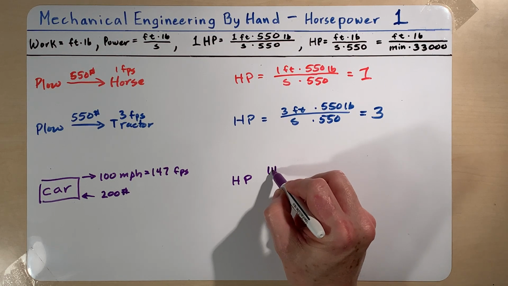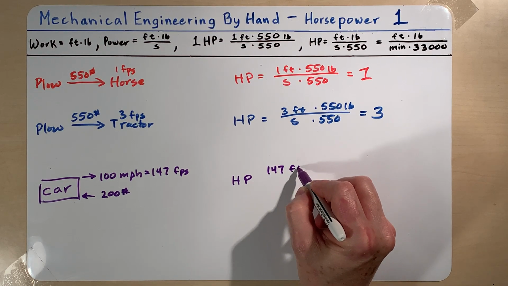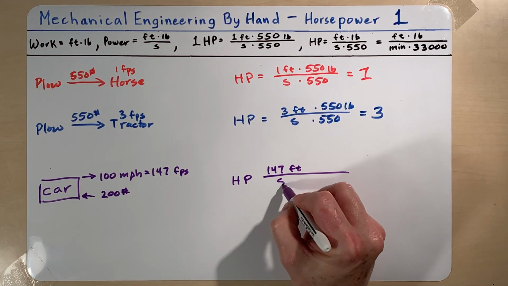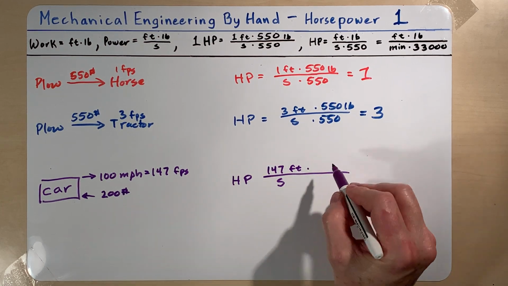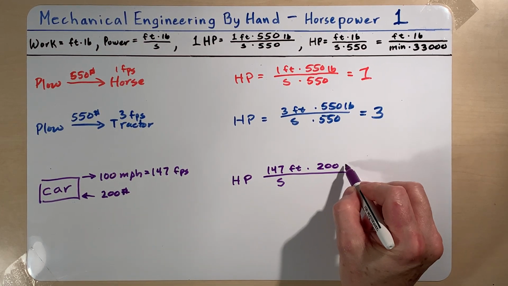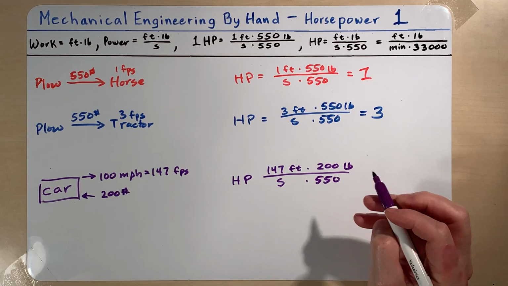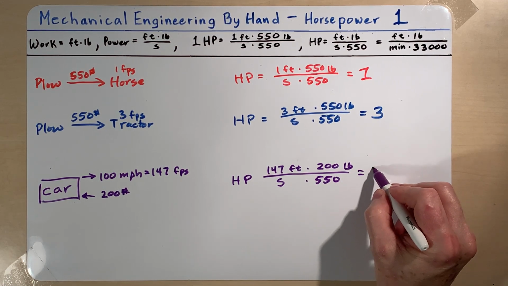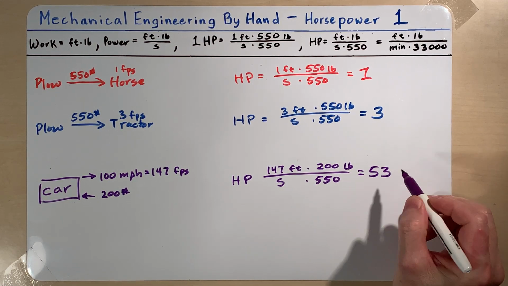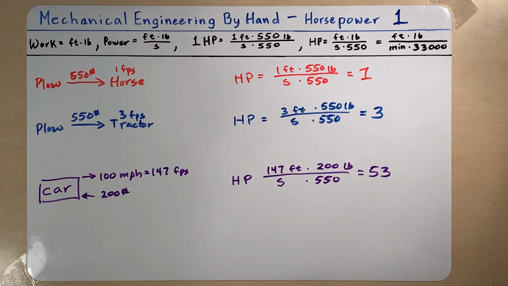We have 147 feet per second times the 200-pound force divided by 550, and that equals 53 horsepower. So that would be the power required where the tires meet the road to overcome the wind drag force.